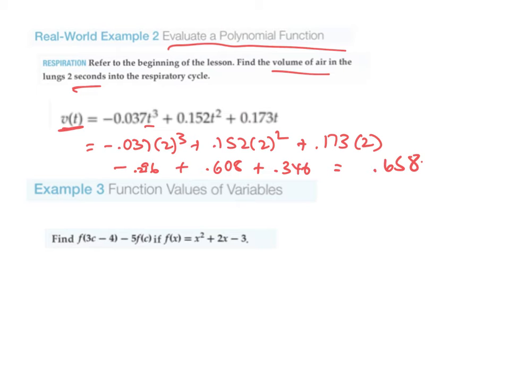Since it's seconds, it's 0.658 seconds. So that's how long it would take for the volume of air in the lungs in the respiratory cycle. So there's our answer. Now, that we've done before.